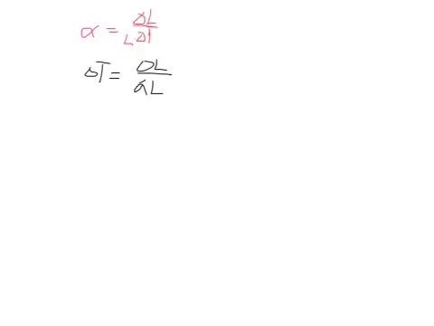So we know most of these things. We know that alpha for iron is 12 times 10 to the negative 6th, and we know that delta L we want to be the length of the Golden Gate Bridge, which is 2,737 meters. And we know the current length, which is 10 meters.